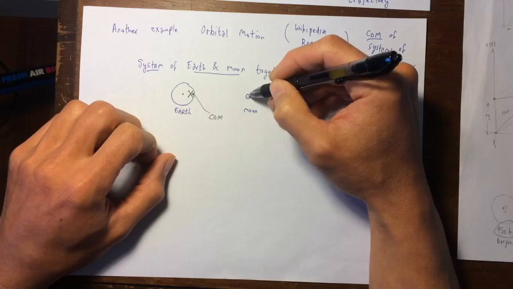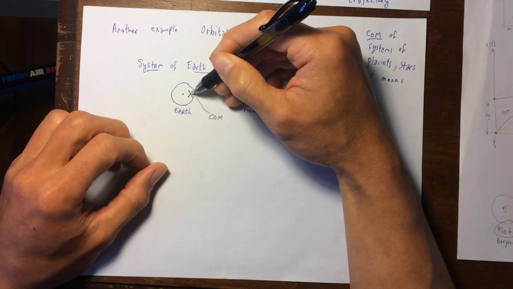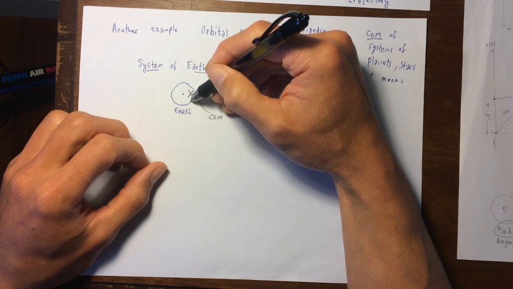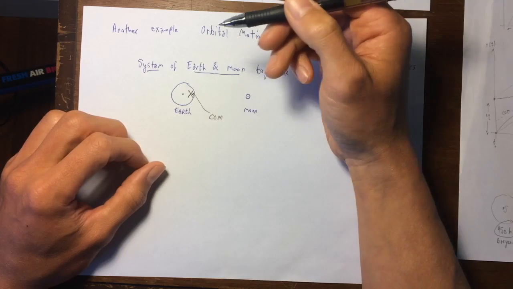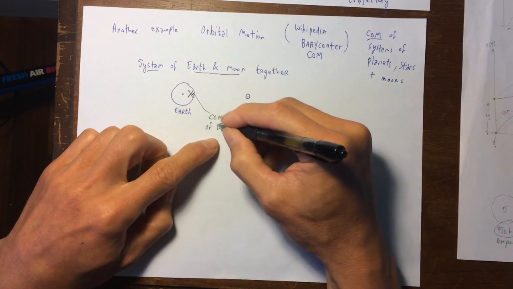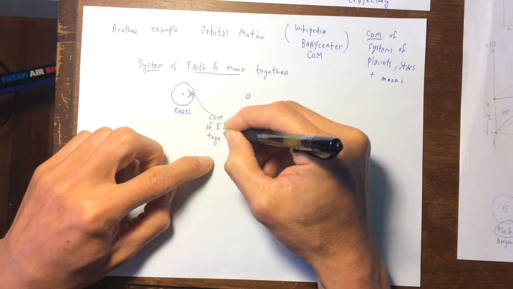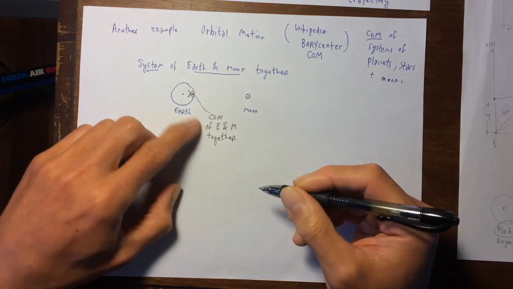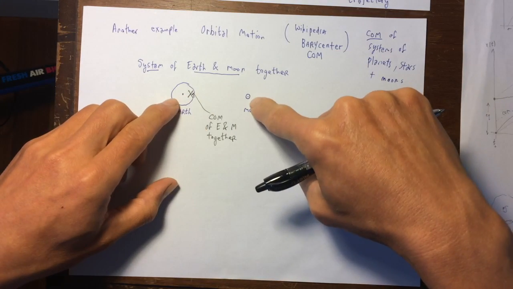The Moon is too light compared to the Earth. The center of mass is somewhere just on the inside of the volume of the Earth. So the center of mass of Earth and Moon together, that's called the Barycenter. This is the Barycenter of the Earth-Moon.